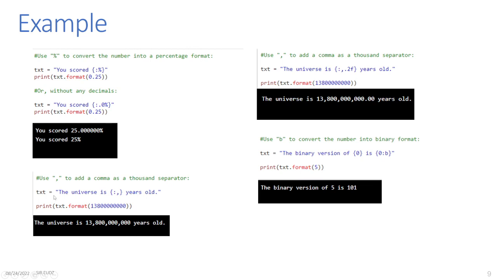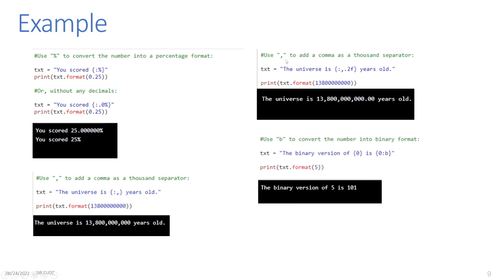So here text: the universe is, colon comma, years old. So we can use the comma format. So print txt dot format 13800000000. So the output will be the universe is 13,800,000,000 years old, separated by commas.